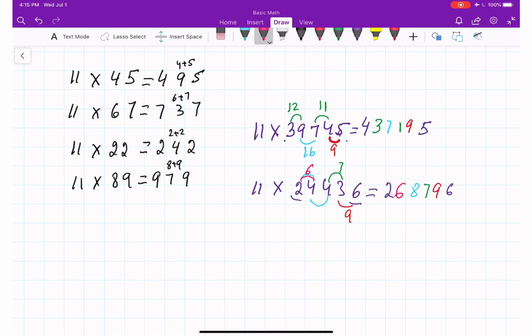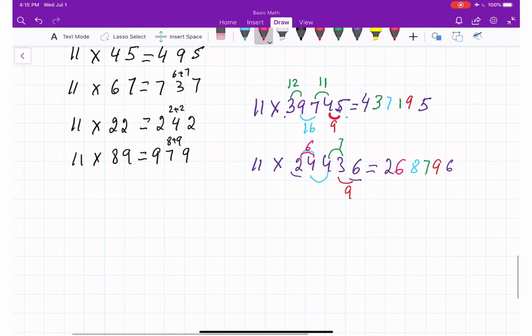And 2 stays here. Let's take another number that we have to add to each other. So 11 times, let me take high numbers like 7, 4, 8, 9, 6, and 7.